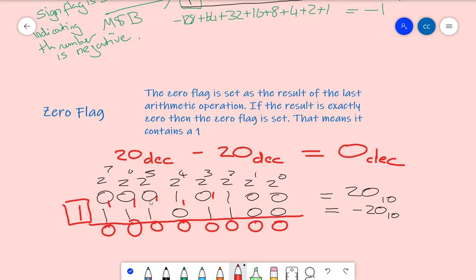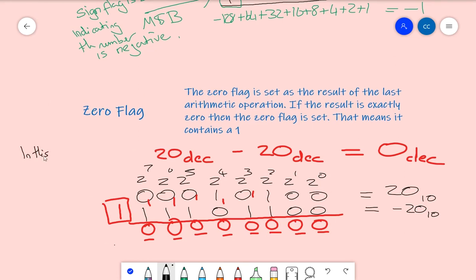But the 8 bits that we're using as the answer, 1, 2, 3, 4, 5, 6, 7, 8, make this 0. We'll talk about the carry bit that's occurred as a result of that in a wee second.